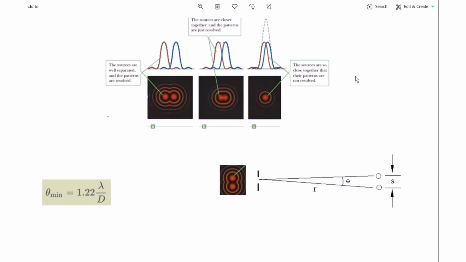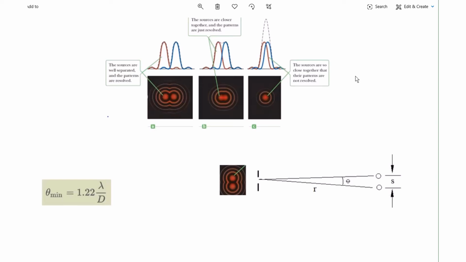Okay, so here's the deal. Suppose you want to look at two stars in the sky, only they're really close together. In the lower right-hand image there, you see two little circles. Those represent the stars in the sky. The aperture there on the left represents the telescope aperture or diameter of the objective.